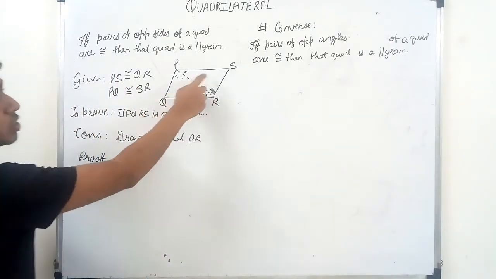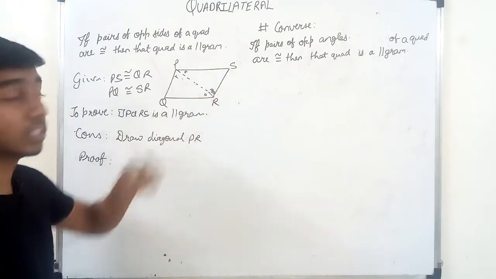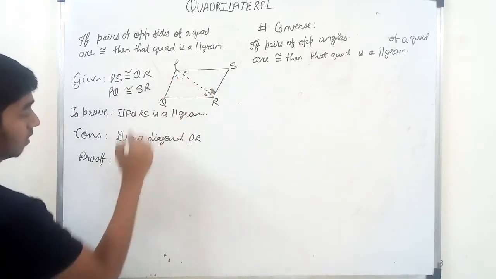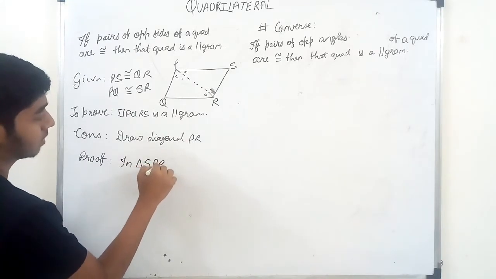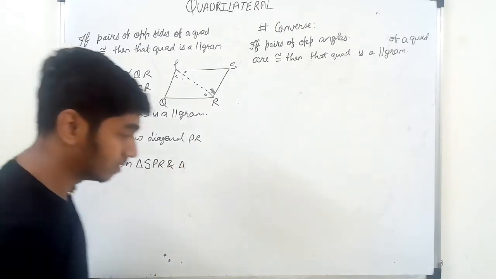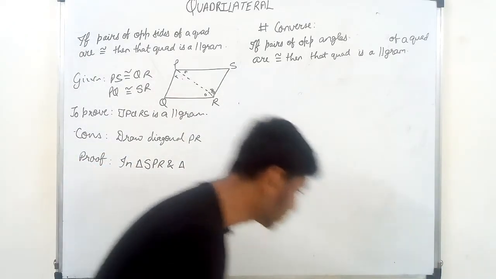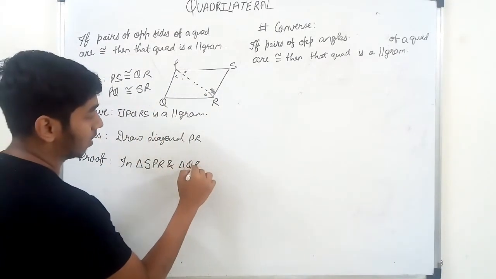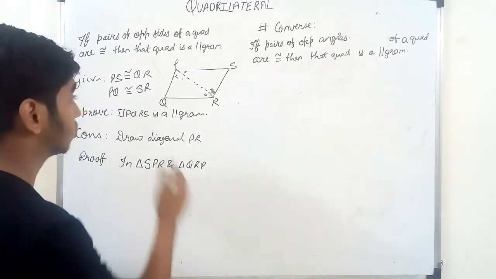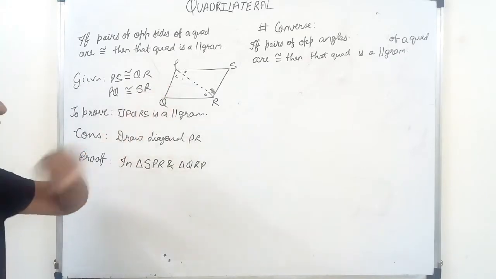So we'll take these two triangles first, try to prove these two triangles to be congruent. Taking triangle SPR and triangle QRP. Okay, so we are taking these two triangles. So let's see how we do it.